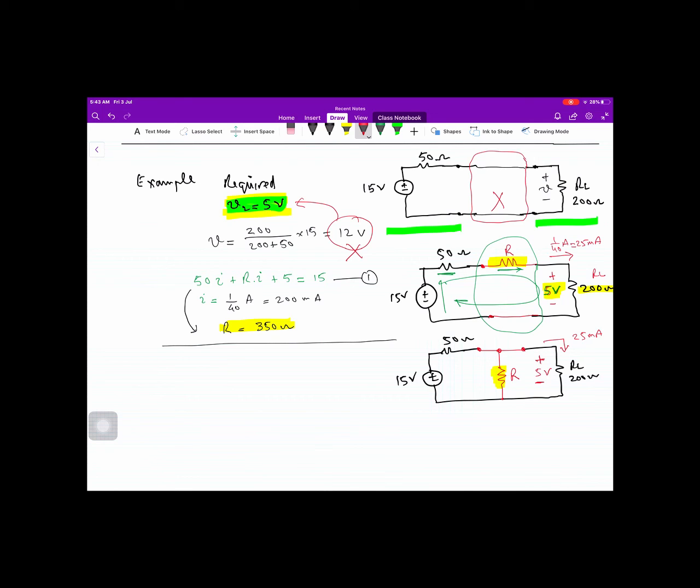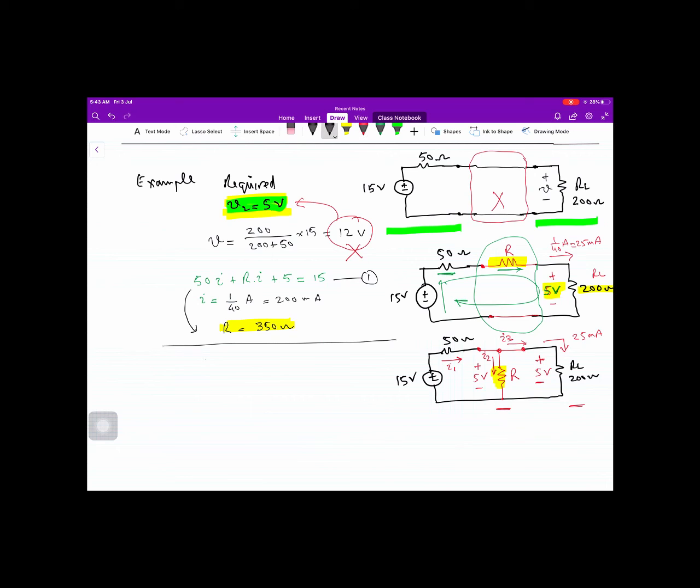Interestingly, the RL and this R of the interface are in parallel. Therefore, the same voltage appears across both of these resistors. Now we see what is this current. Say it is I1. Say this is I2, and this current over here, say this is I3.